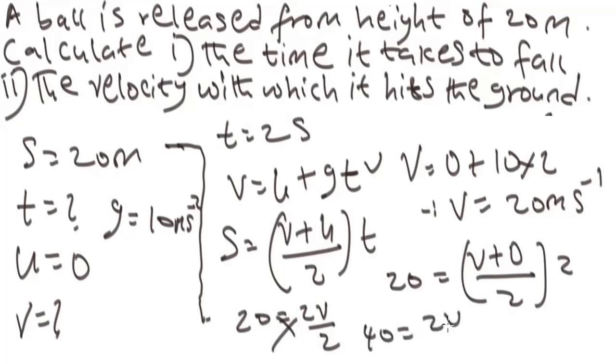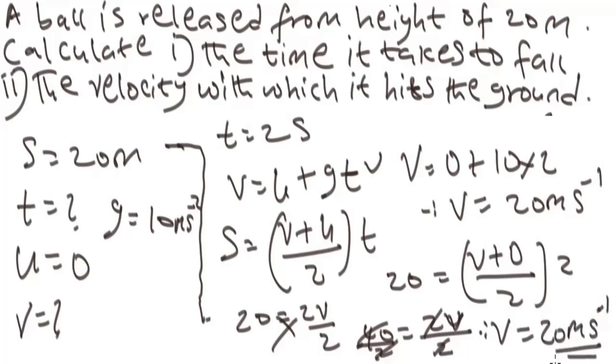To make v the subject of the formula, divide both sides by 2. Therefore 40 divided by 2 is 20, so v equals 20 meters per second, the final velocity. So either way works, guys. It's as simple as that.